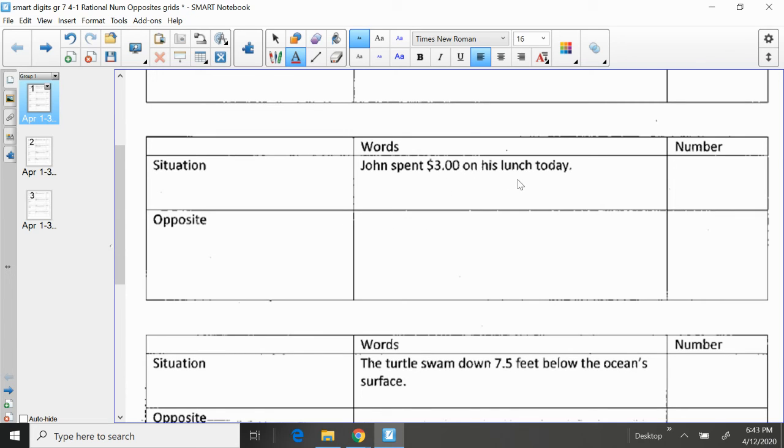If you spend the money, do you have it or did you use it? Yes, you used it. So that would be negative $3 for John. But if he spent $3, so that is the negative. What would be the opposite situation?